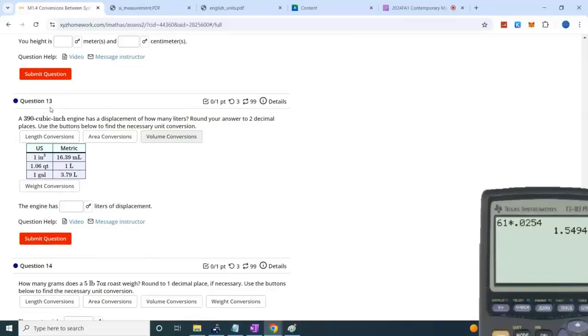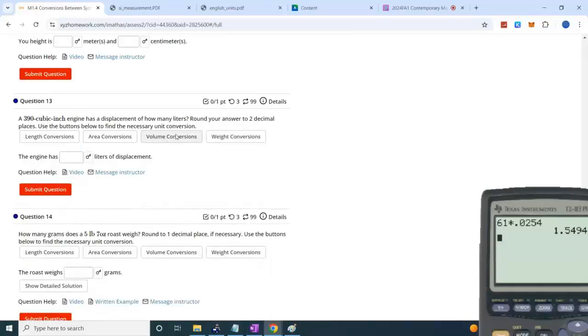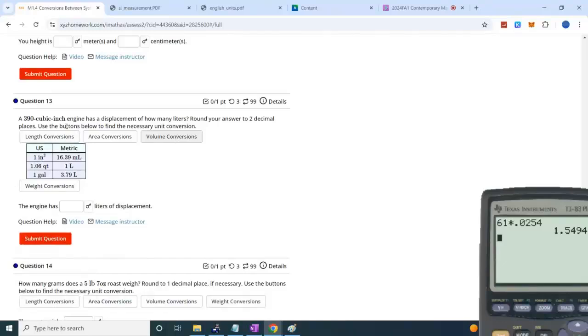For problem number 13, it says 390 cubic inches, so this would be volume. I clicked on the volume measurements. A 390 cubic inch engine has a displacement of how many liters? So we're asked to convert cubic inches to liters. I'm going to do the same thing I did on the last problem. Notice that there is a conversion from cubic inches to milliliters, but there is no conversion from cubic inches to liters.